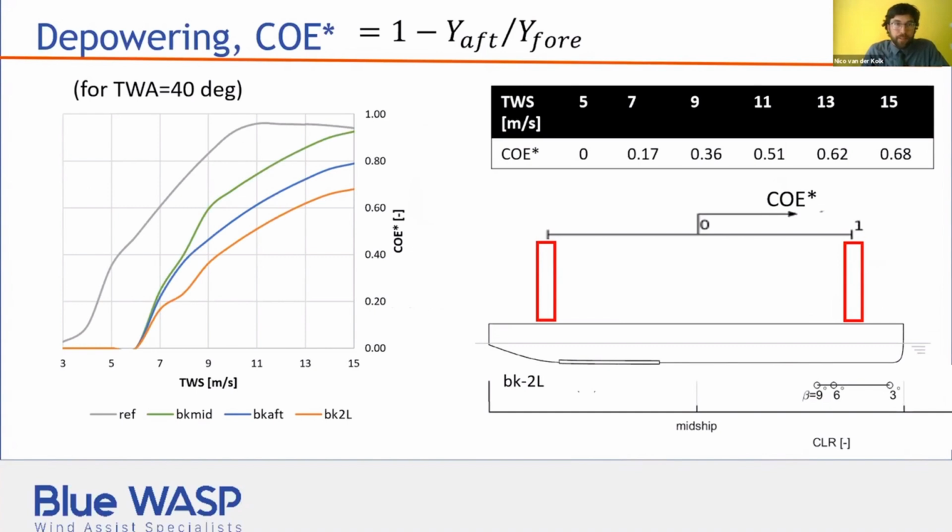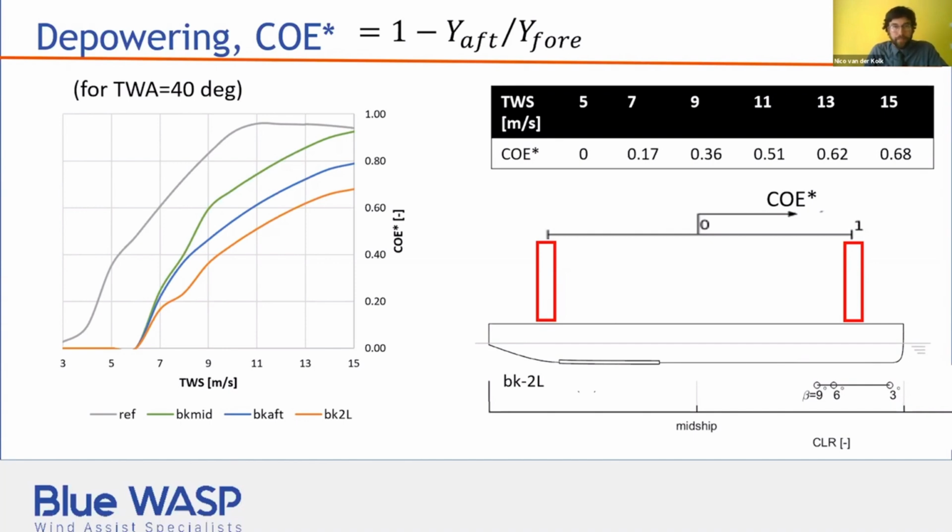So looking in detail at the upwind performance. This is for a true wind angle of 40 degrees. These are the 4 variations, the reference line in gray, and then the 3 bilge keel variants. And it's nice to see that, in fact, the ship is able to carry sails with a center further aft.